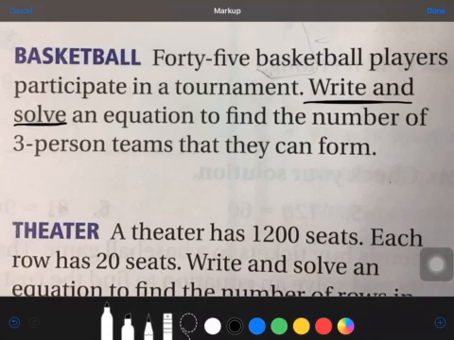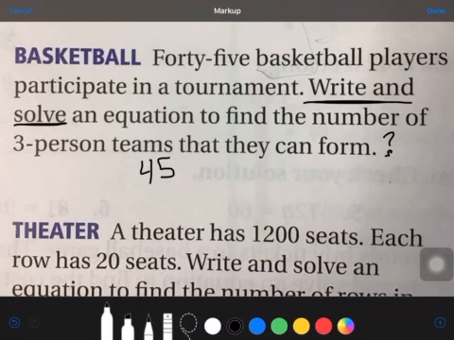So we're actually going to write an equation to match this problem. So we've got 45 basketball players, so we know we're going to have a 45 in there somewhere. And then we want to know how many 3-person teams they can form. So we don't know how many 3-person teams they can form. We don't know. So what do we use for an unknown amount?